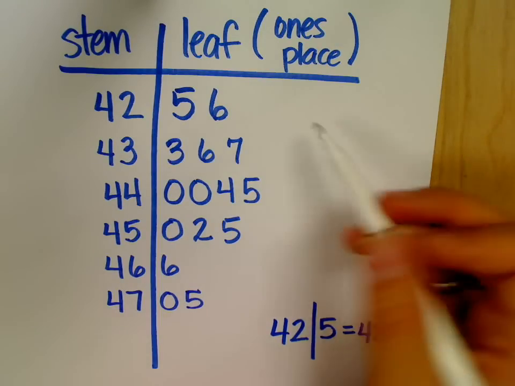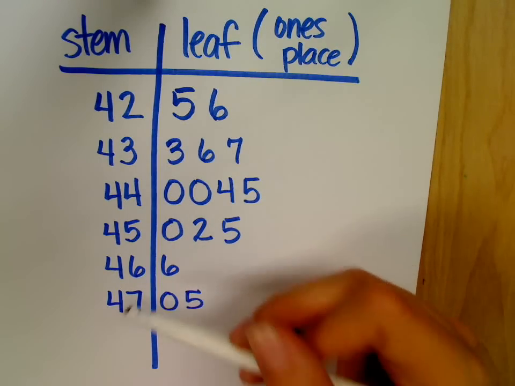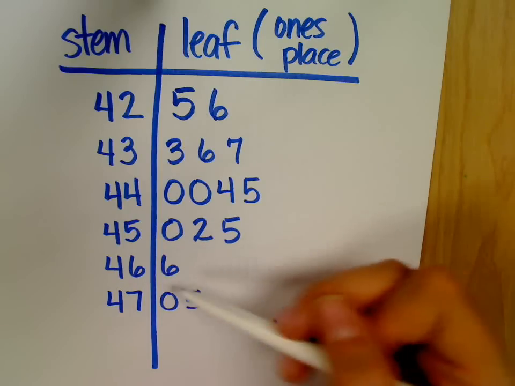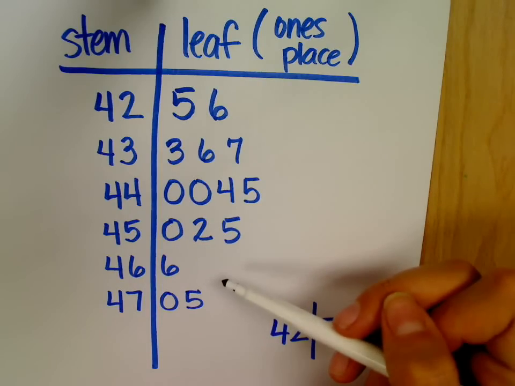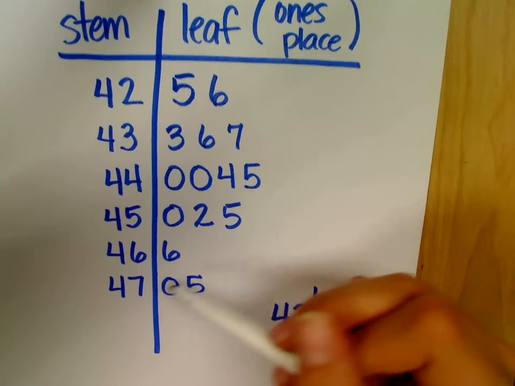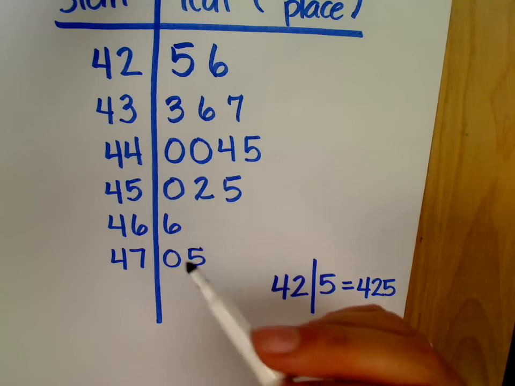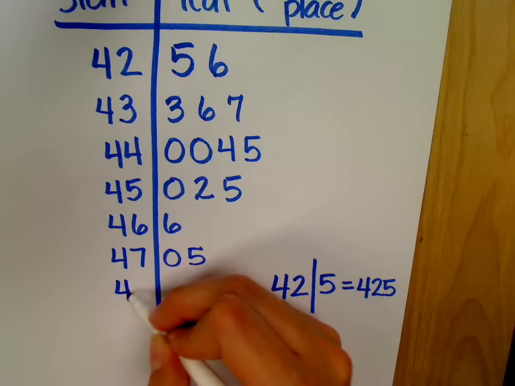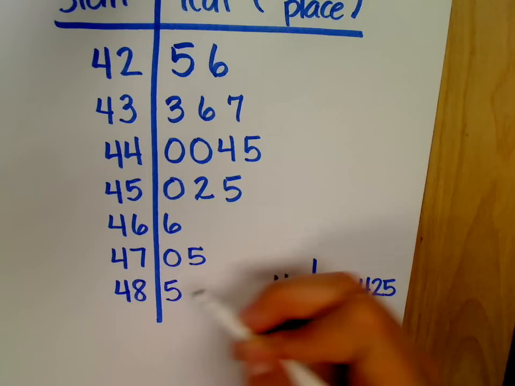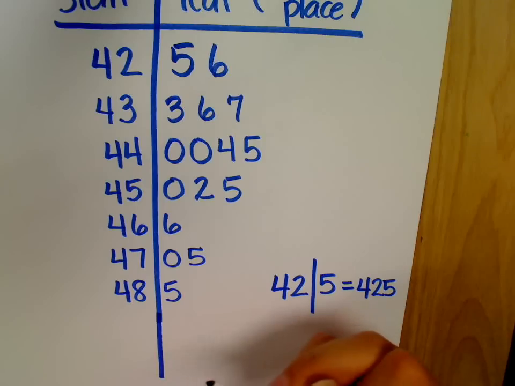Okay. Now, imagine if I had to rewrite all this list. I'd be writing 470, and then 475, and all these numbers over and over again, which is kind of a waste. So it's kind of a little bit easier to write it out this way. Any more 470s? Okay, what about 480s? 485. Anything else? Nope. Okay, how about 490s? No. 500s? 510s? We're done.